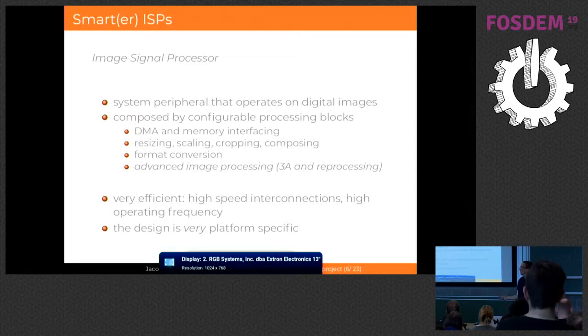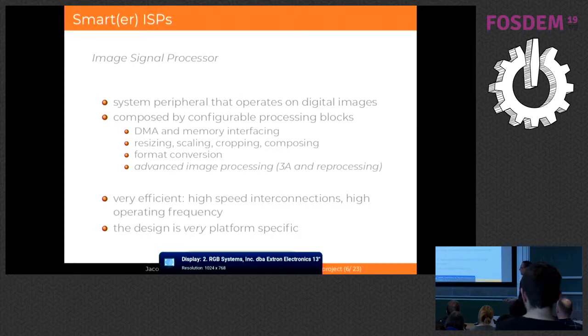And what it usually does is interfacing with memory, so DMA transfers, rescaling, resizing, cropping, all kinds of transformations. It can convert formats from one format to another, pixel encoding, making it easier to present images to the application or whatever. And it can do a lot of advanced image processing features like 3A and reprocessing, tuning, etc.